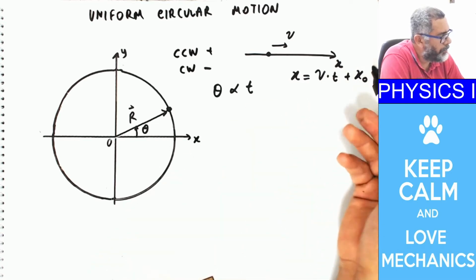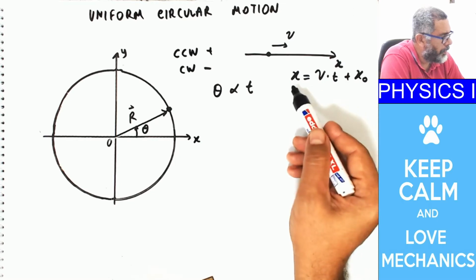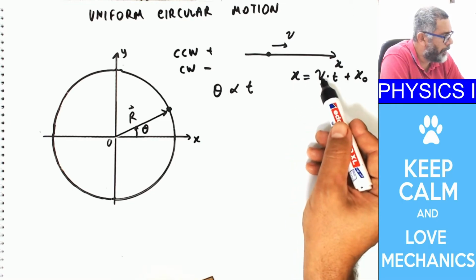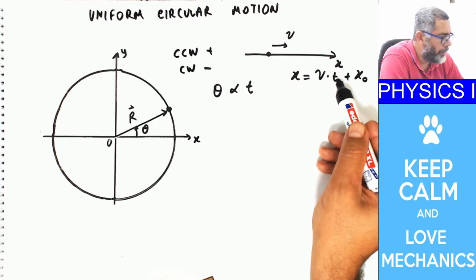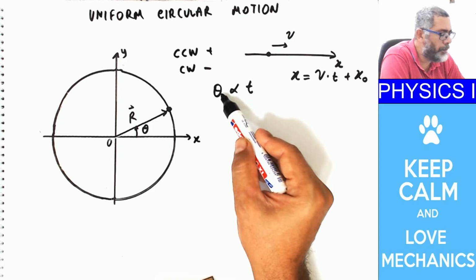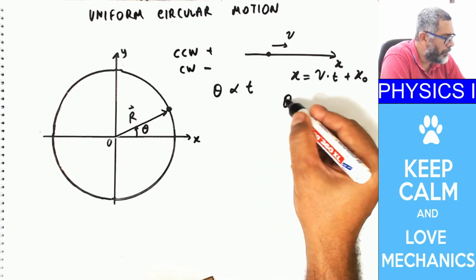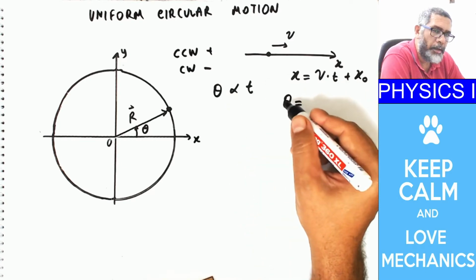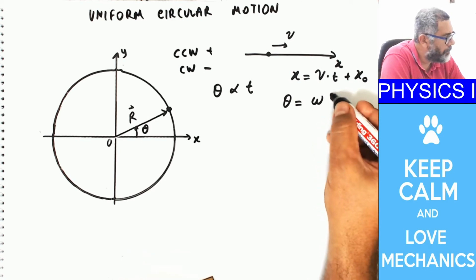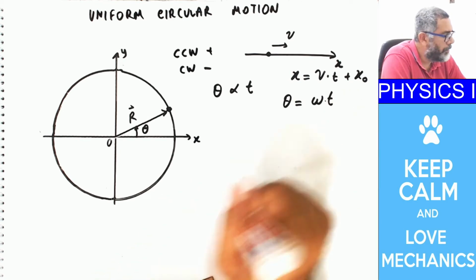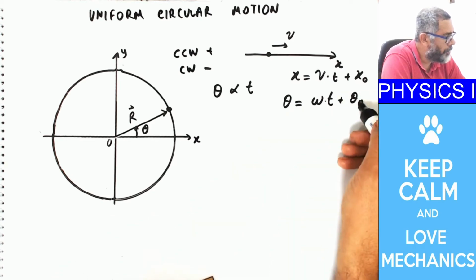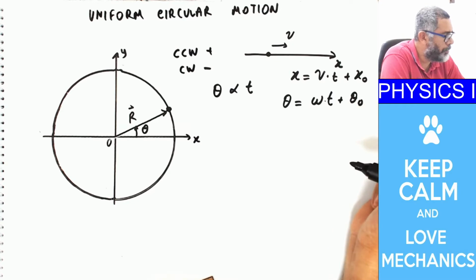If you take the initial position to be 0, this distance is just a constant multiplied by t, just like this angle will grow linearly with time. So why not write theta as some constant times time t plus some initial value for theta at time t equals 0.